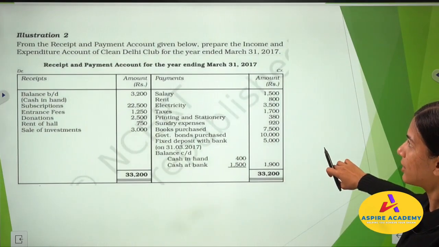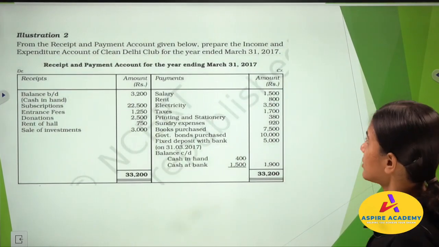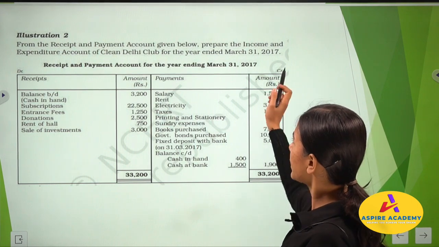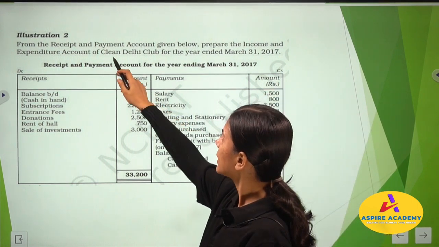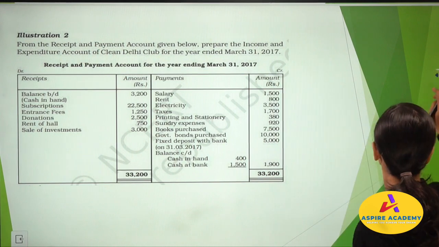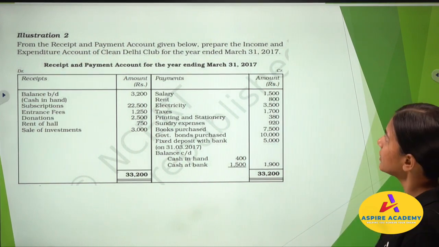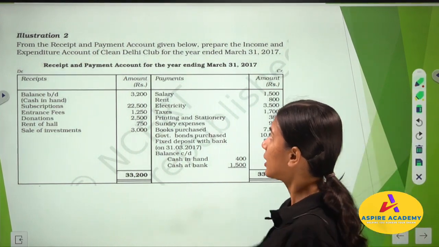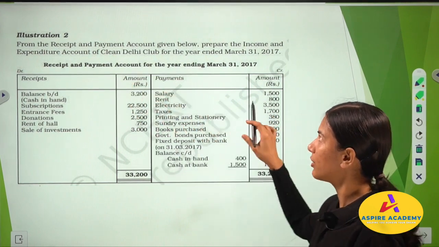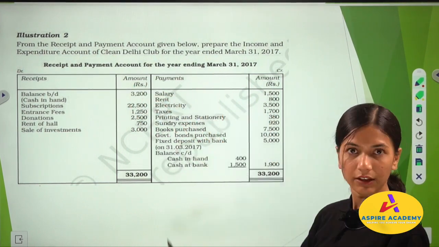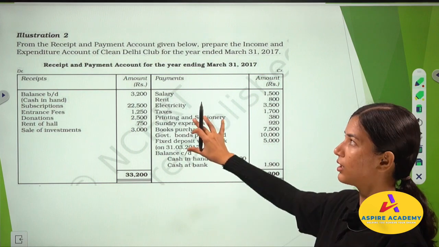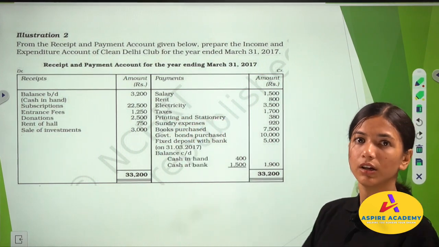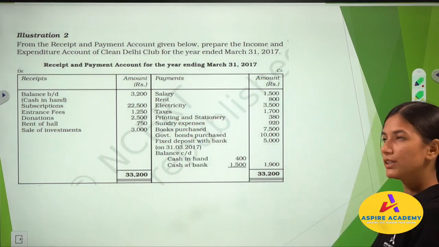Now let's do one illustration. The question is: prepare the income and expenditure account of Clean Delhi Club for the year ended 31st March 2017. Here a receipt and payment account for that club has been given. Using those items we are going to prepare our income and expenditure account.